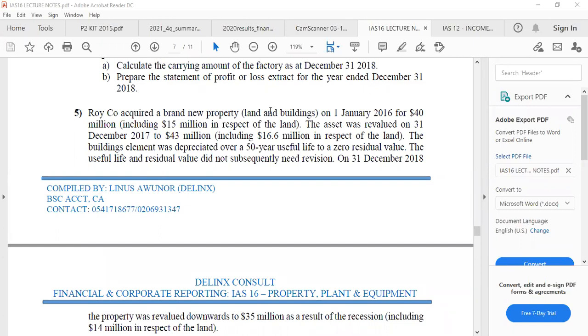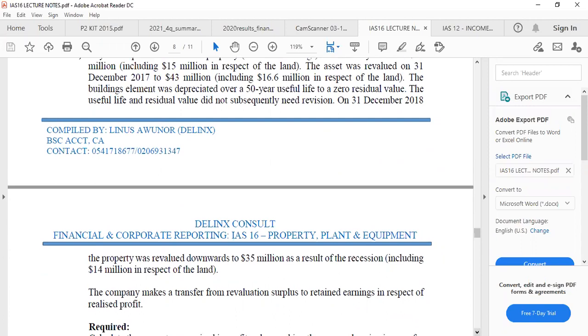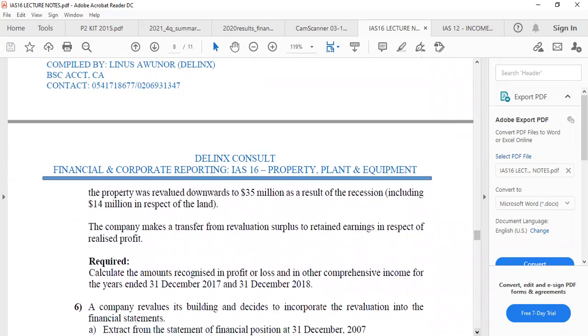The building's element was depreciated over a 50-year useful life to a zero residual value. The useful life and residual value did not subsequently need revision. On 31st December 2018, the property was revalued downwards to $35 million as a result of the recession, including $14 million in respect of the land. The company makes a transfer from revaluation surplus to retained earnings in respect of realized profits. Required, calculate the amount recognized in profit or loss and in other comprehensive income for the year ended 31st December 2017 and 31st December 2018.